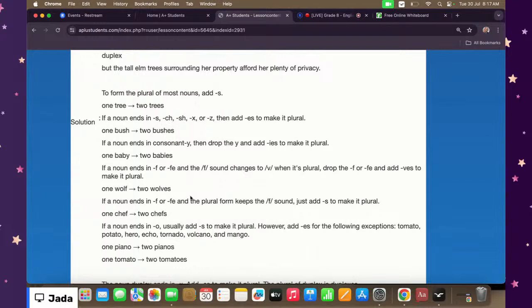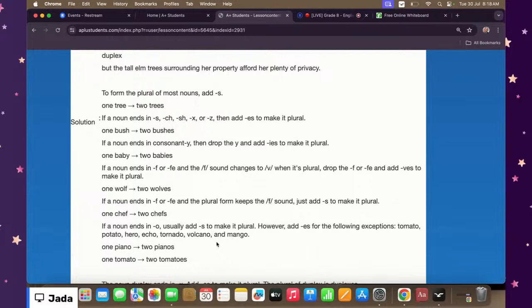Okay, so if a word ends in f or fe and the plural keeps the f sound, just add s to make it plural.